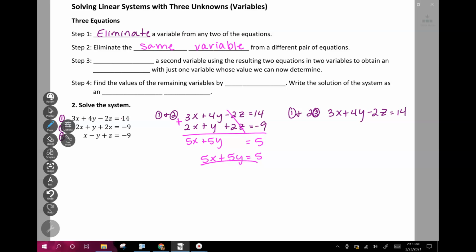And 2 times equation 3 gives me 2x minus 2y plus 2z equals negative 18. All right, now I'm going to add those together to get my z's to eliminate. 5x plus 2y equals negative 4.